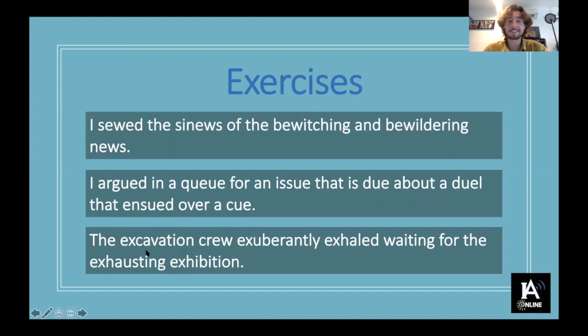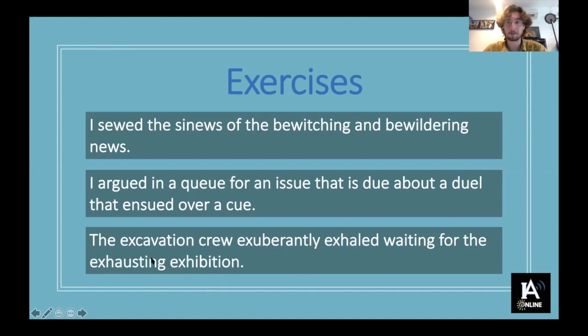So the excavation crew exuberantly exhaled, waiting for the exhausting exhibition.